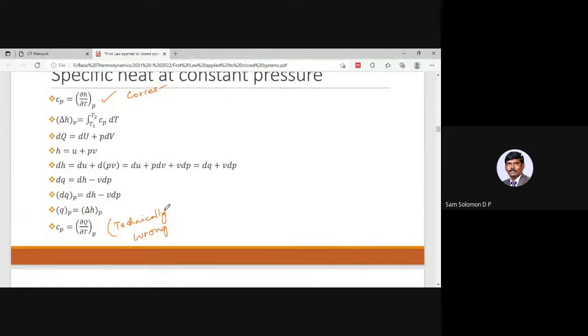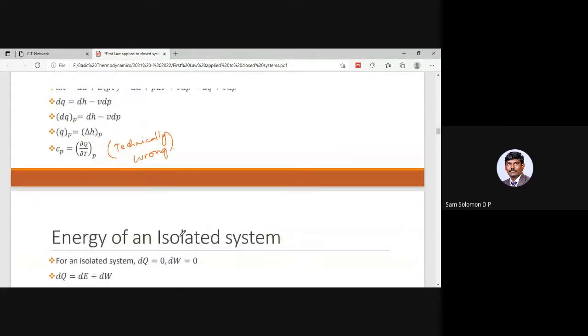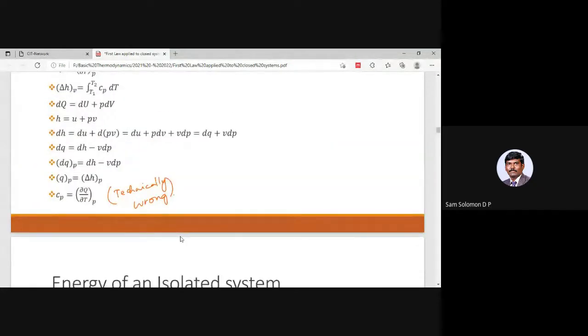For the explanation, you can also look into P.K. Nag, Thermodynamics by P.K. Nag. And then we have one thing called the energy of an isolated system. What is an isolated system? A system where there is no mass transfer, where there is no energy transfer.